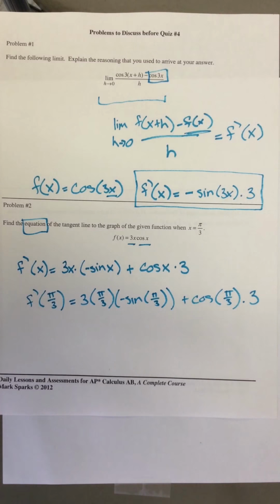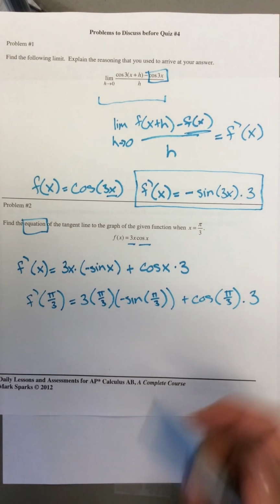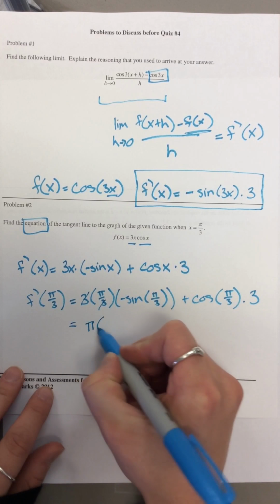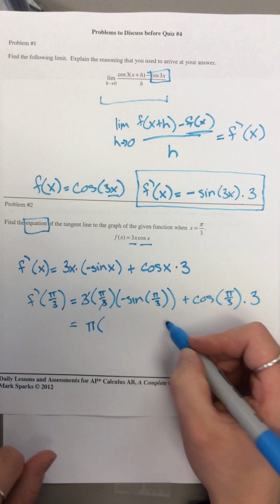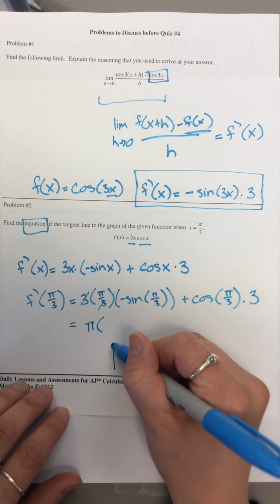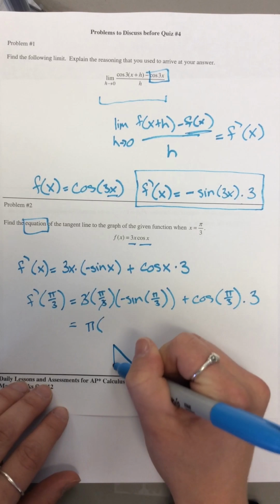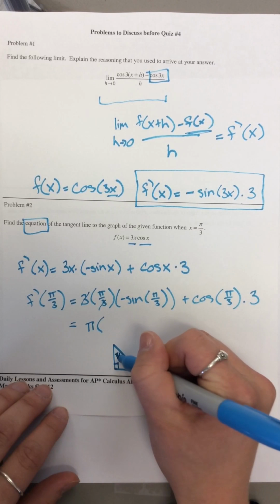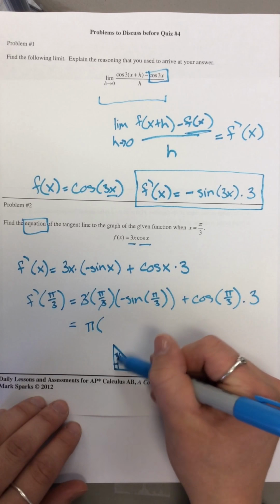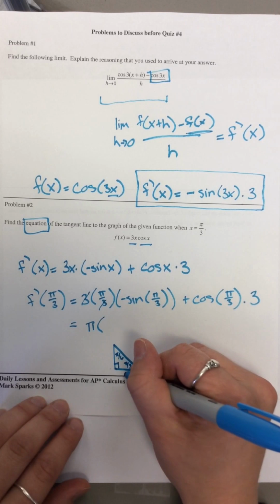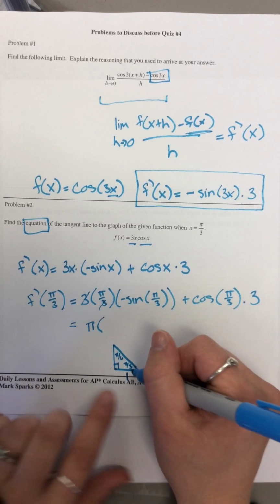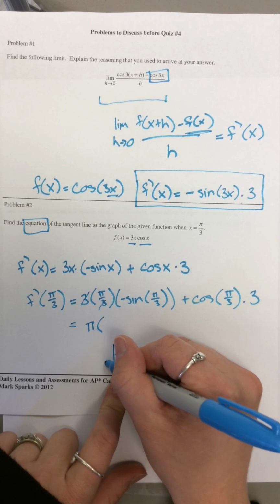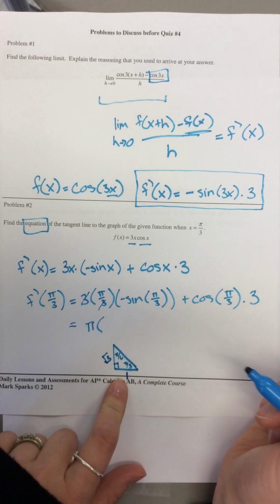Okay, so the way that we're going to do this then, this part I automatically get pi. Sine of pi over 3, there's lots of ways that you can do this, but if you struggle with sine of pi over 3, the way that I do it is I think, okay, this is pi over 3, pi over 6, and this is the smallest angle, so across from that would be 1. Pi over 3 would be the next side, so I would have square root of 3.